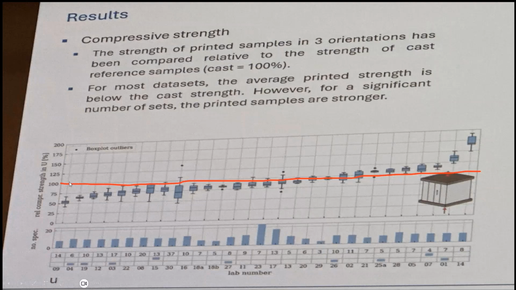As you can see, the line I just drew on my screen is 100%. So there are some significant numbers, and that decrease in relative strength is mainly because of the bond between the layers.